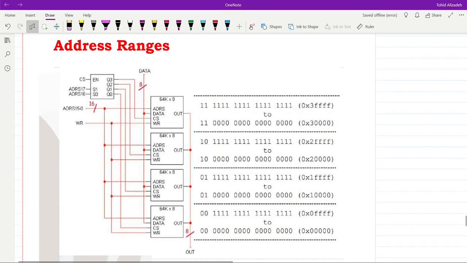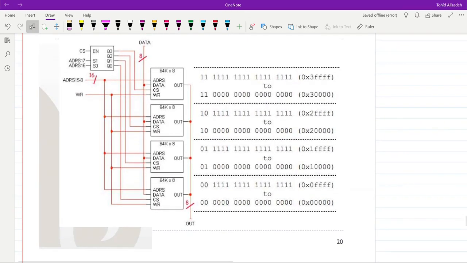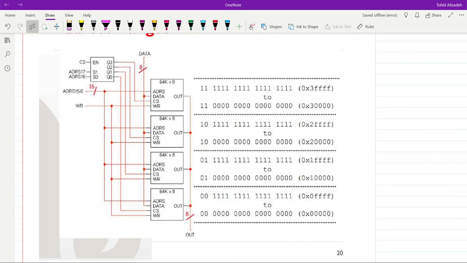And over here you can see the address range for the bigger memory that we have obtained. Again, the most significant bits, bit number 17 and 16, are used in order to provide inputs to our 2 to 4 line decoder over here.